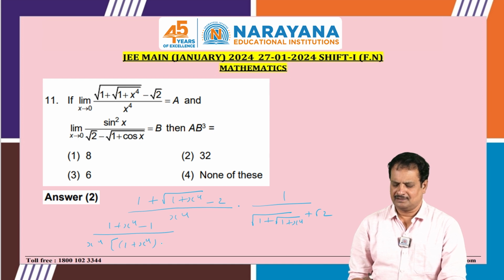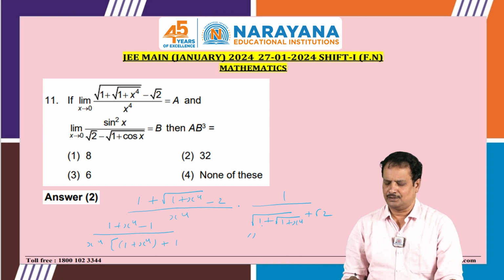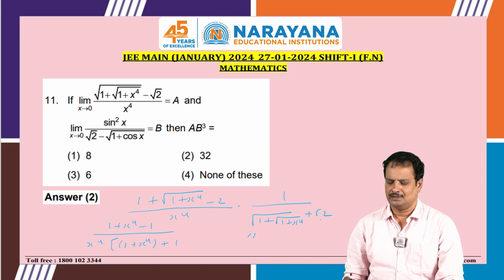So you'll be getting this value as the plus 1, of course. Now if you apply the limit for this one, very clearly you'll be getting 1 by root over 1 plus x power 4 plus root 2, which means 1 by 2 root 2. The x power 4 will get cancelled, and you are going to get this value as 2 there. So finally it's 1 by 4 root 2.